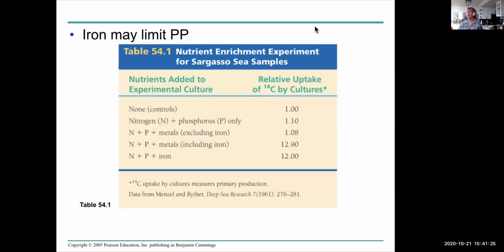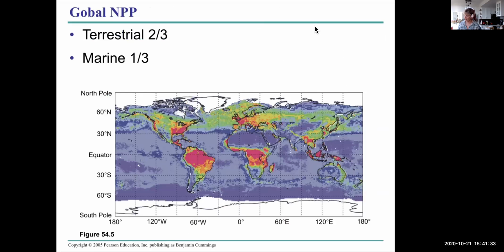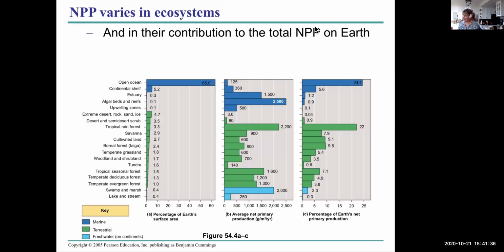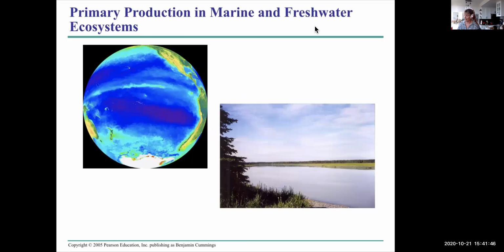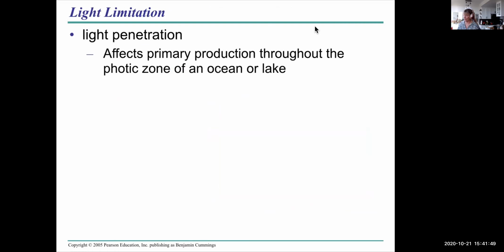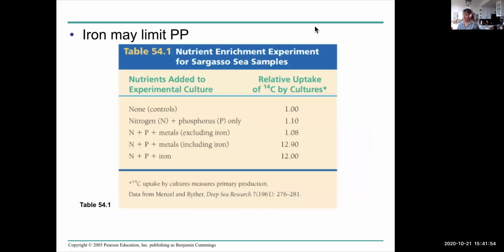So there's more productivity in those places we looked at before, where we had some of our very productive areas, like the tropical rainforest, for example, because sun and water are not limiting, and nutrients probably aren't limiting there very often either. In some cases, even trace elements may limit primary productivity.